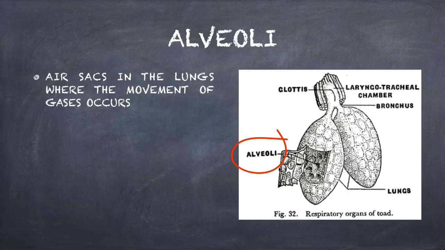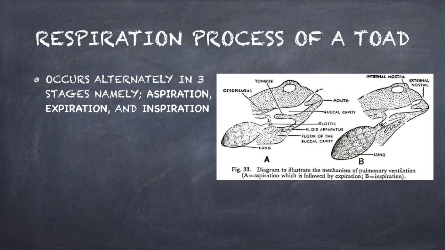That's where the alveoli is. So all in all, the respiration process of a toad occurs alternatively in three stages, namely aspiration, expiration, and inspiration. And I have explained that earlier in the respiratory system of a toad.